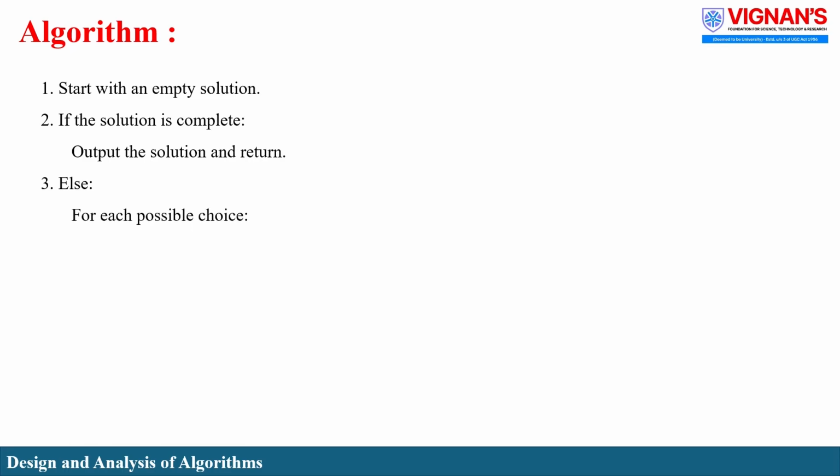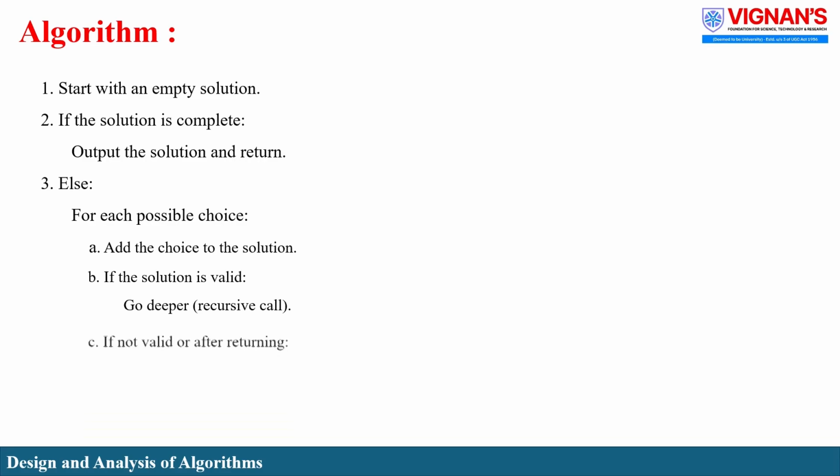First, we add the choice to the solution. If the solution remains valid after adding this choice, we go deeper using a recursive call to continue the search. If the choice is not valid, or after the recursive call returns, we remove the choice. This process of removing the last step and trying a new option is called backtracking. Finally, when all choices are explored, the algorithm ends.